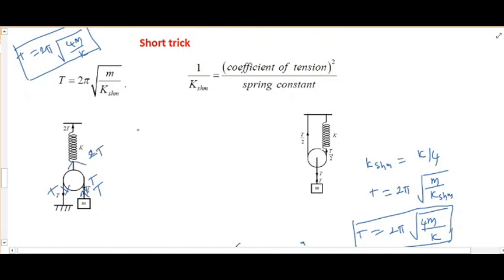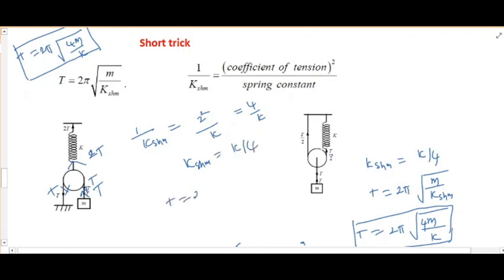Now I am applying the short trick here. 1 by K SHM is equal to coefficient of tension square by spring constant. Here the tension coefficient is 2 square, by spring constant. For this spring, what is the spring constant? K. Therefore, this becomes 4 by K. Therefore, K SHM is equal to K by 4.